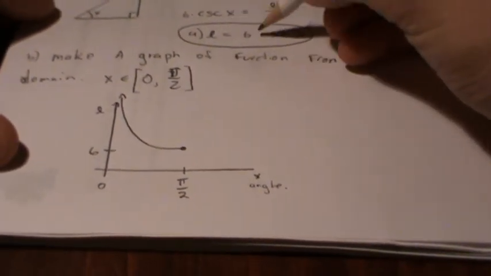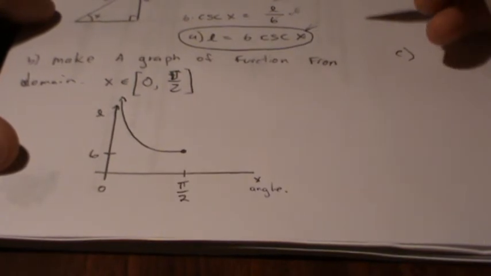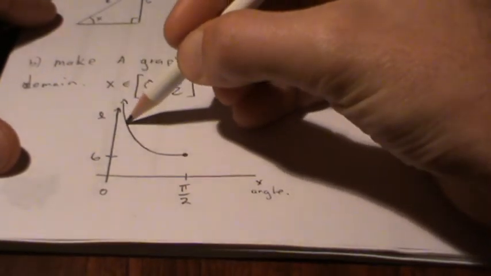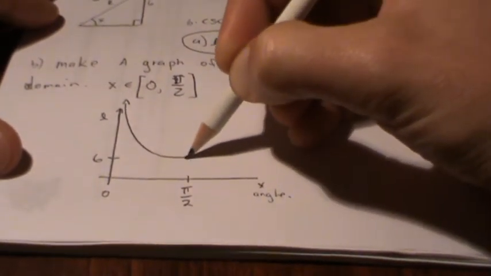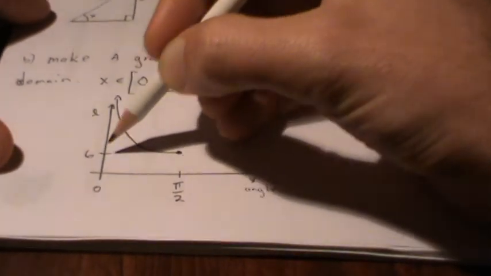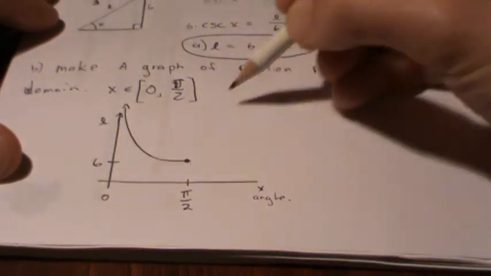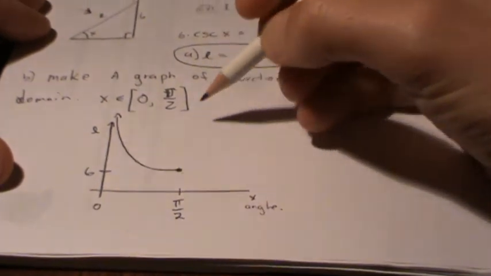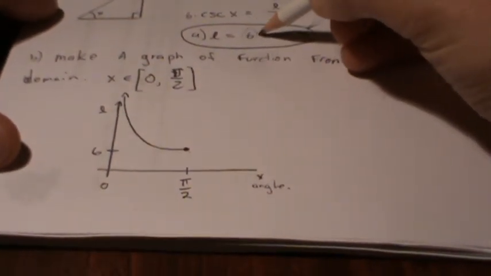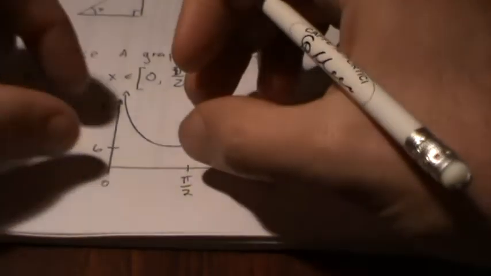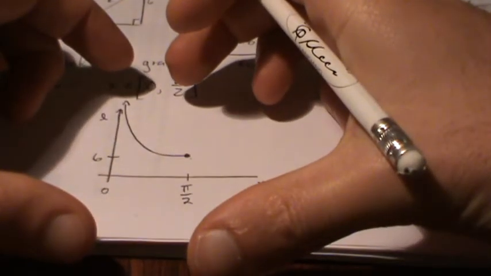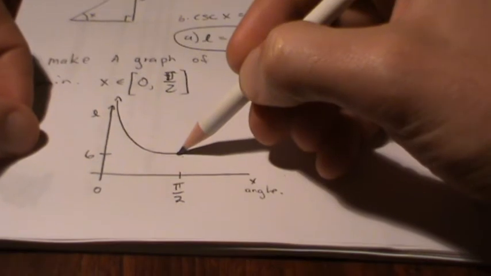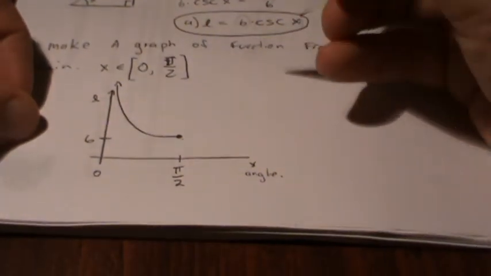This is actually the 6 cosecant x function, because the cosecant x has an asymptote at 0. It comes down, and at 90 degrees, the lowest point it will reach is 1 on the normal cosecant graph. But because this cosecant graph is multiplied by 6, it's been expanded, or stretched by 6. Therefore what used to be at 1 is now at 6, and all these other points would be larger as well.